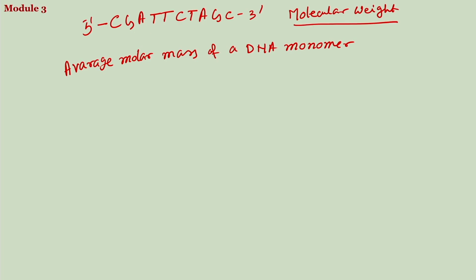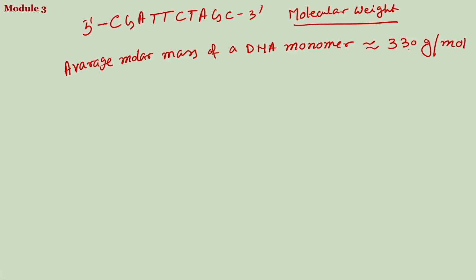So, the very quick calculation is that it is considered that the average molar mass of a DNA monomer is approximately 330 gram per mole.